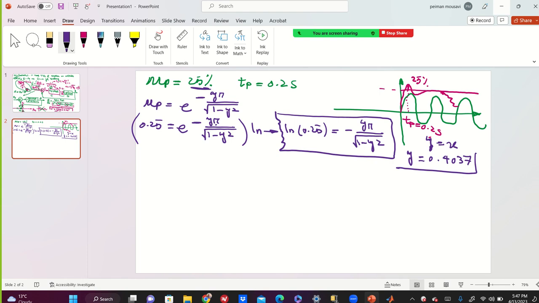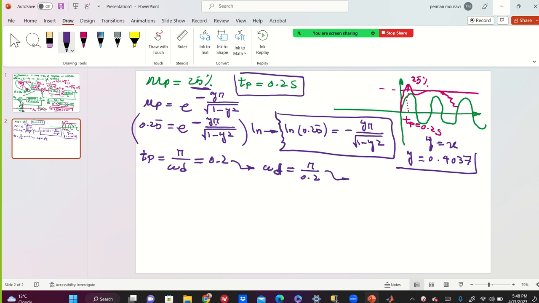Now, let's just stick to this. As I taught you, Tp, the peak time, is pi over omega d. Your boss says, I want a peak time of 0.2 seconds, meaning that omega d is pi over 0.2.